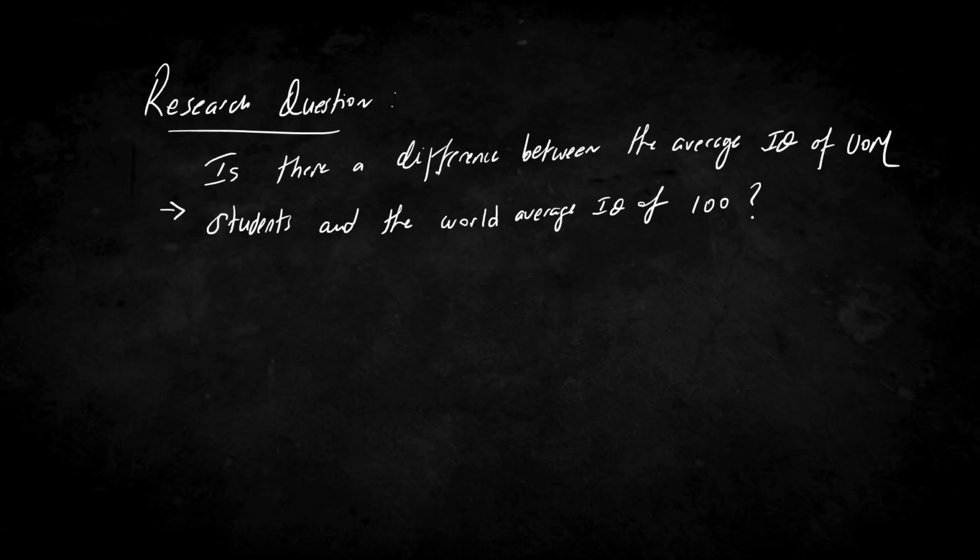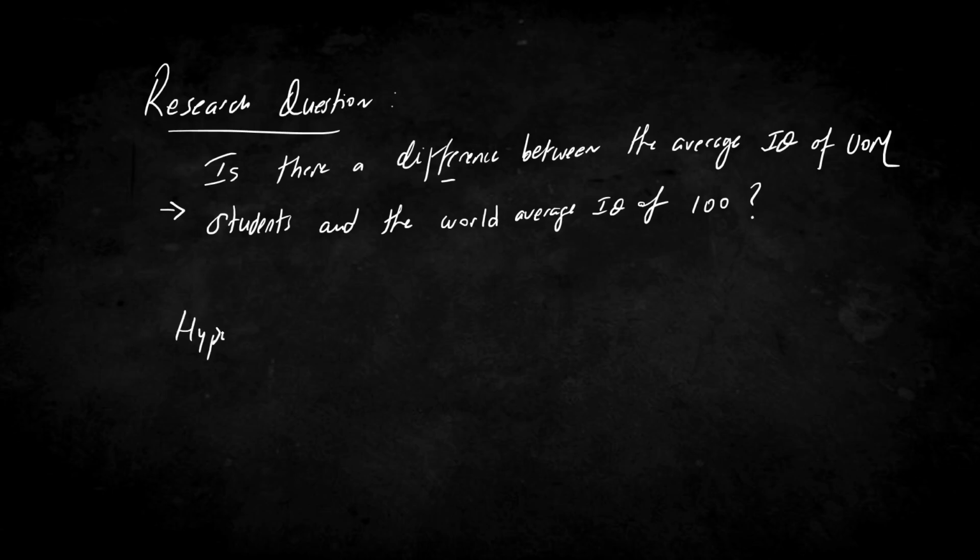And imagine that we had collected data from a small sample of students at UM, and our goal is to actually see whether the average IQ of UM students can be expected to be different from the average IQ of 100. So when I say different, it could be, of course, larger or smaller.